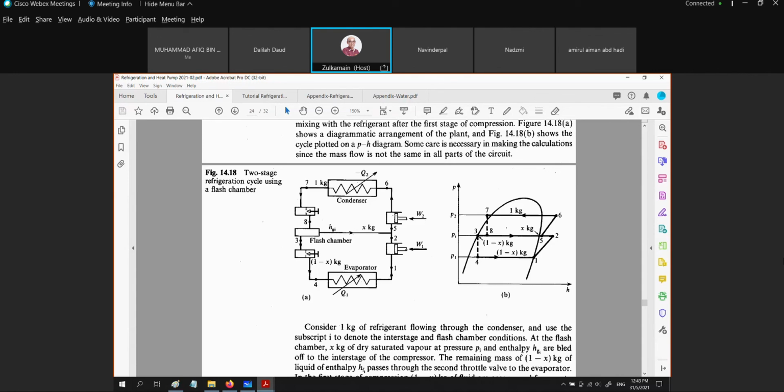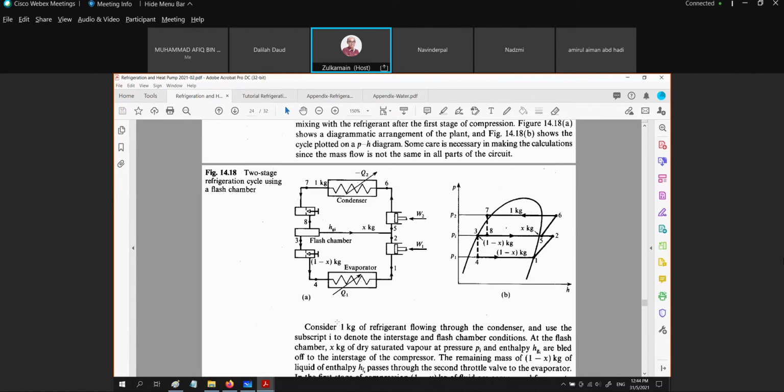But before entering the second compressor, it will be mixed with the refrigerant which is compressed by the first compressor. Okay? And the liquid, the MF, is throttled in the second throttle valve, then we are going to have the evaporation process.